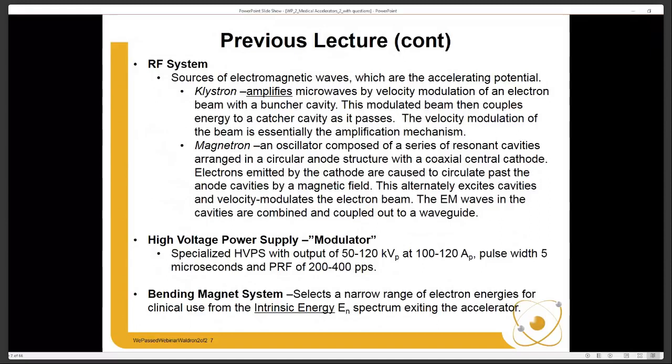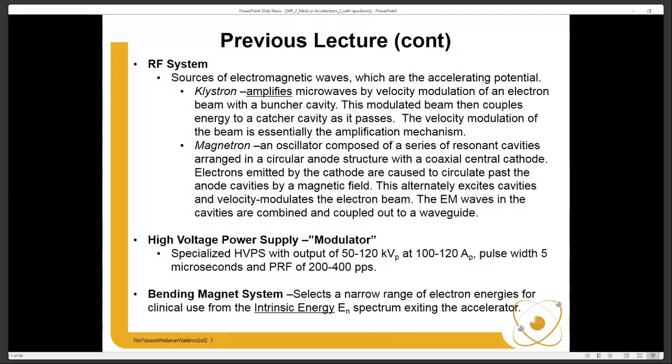Like the klystron, the electrons passing the cavities exchange energy with the cavities. This alternately excites the cavities very much like the buncher and the catcher cavities in the klystron. This energy exchange creates very large electromagnetic fields within the cavities that can then be combined and coupled out of the magnetron into a waveguide.